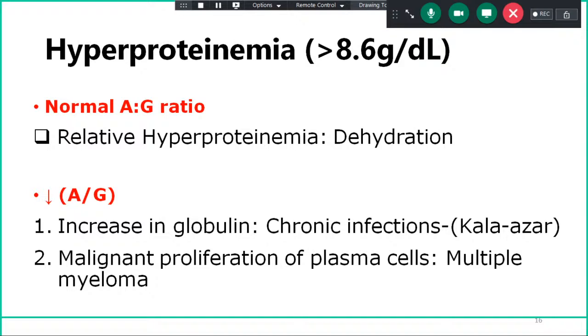Dehydration can be seen in excessive sweating, excessive vomiting, and diarrhea. In all these conditions, and in diabetic ketoacidosis, dehydration is seen, leading to relative hyperproteinemia.